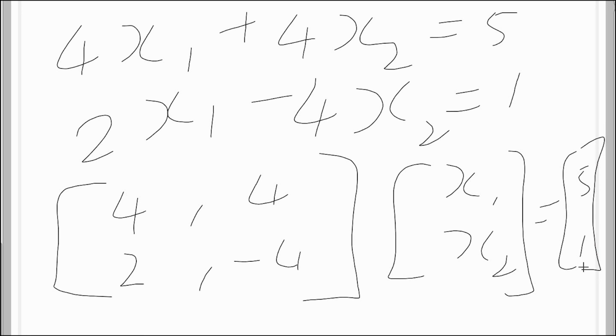That's how we represent our equations in matrix form. Most of the time we don't put the comma, so don't be confused. If you don't see any comma, you just see the spacing between them. That's a system of linear equations.